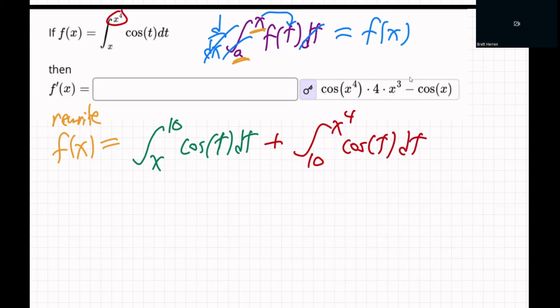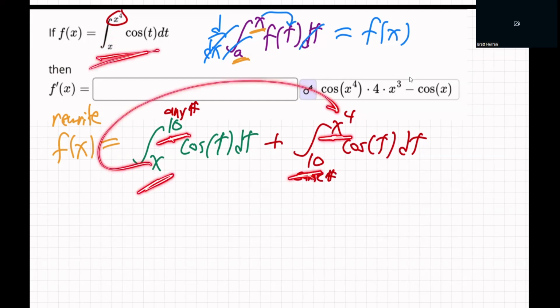Do you see how that's legal to do? Because the original integral goes from x to x to the fourth. This could have been any number, and this is the same number. If I go from x to 10, and then from 10 to x to the fourth, I went from x to x to the fourth. I did the same thing.